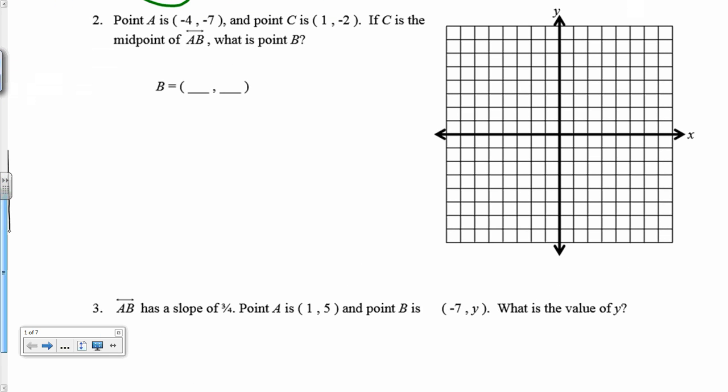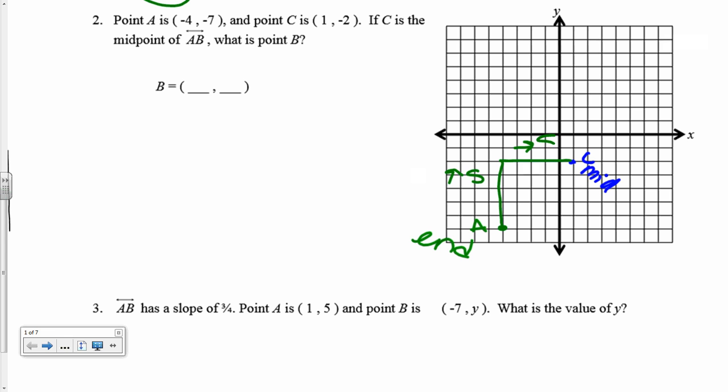Question 2. Point A is negative 4, negative 7. So here's point A. Point C is 1, negative 2. There's point C. C is my midpoint, so I know this here is mid. So I want to go from my endpoint A to my midpoint C. I went up 5, and then over 5.